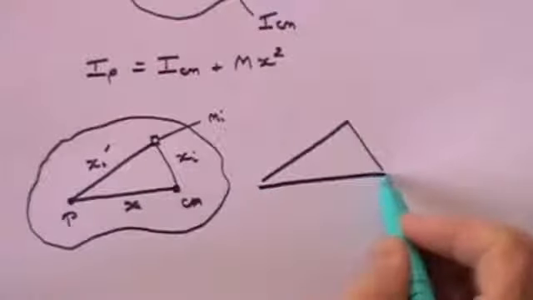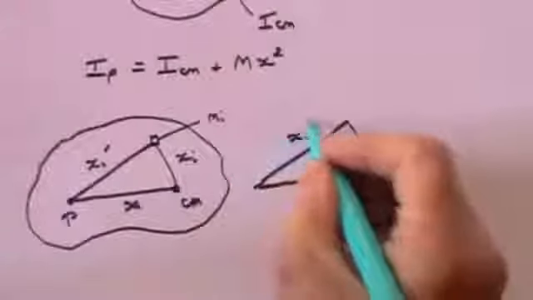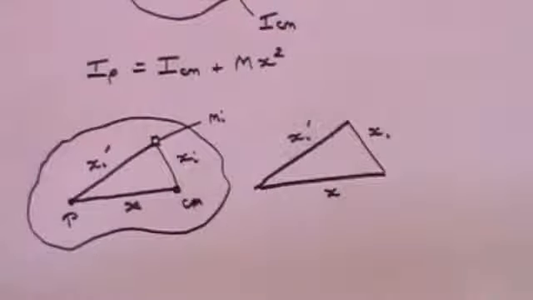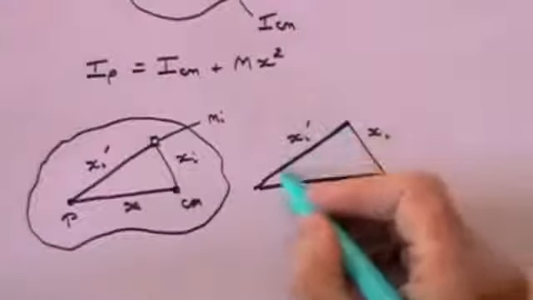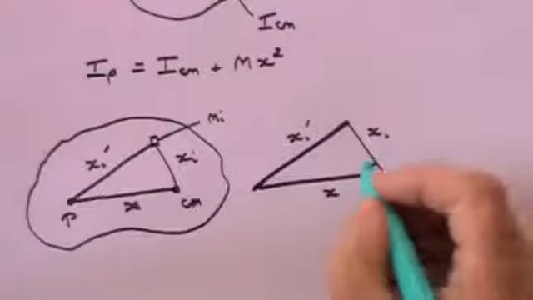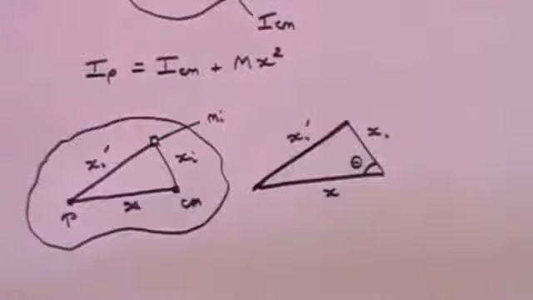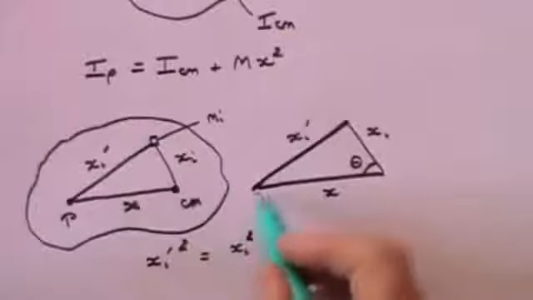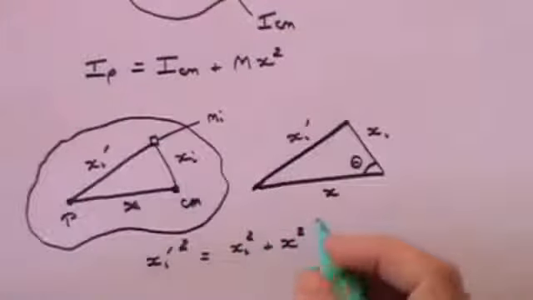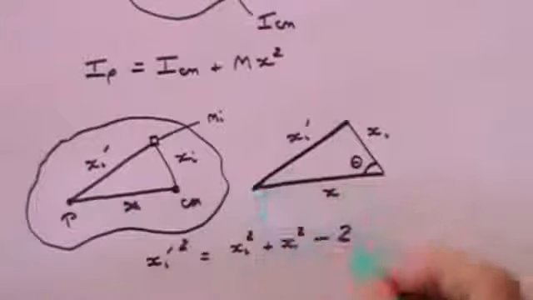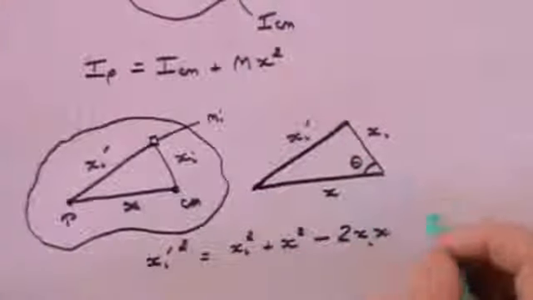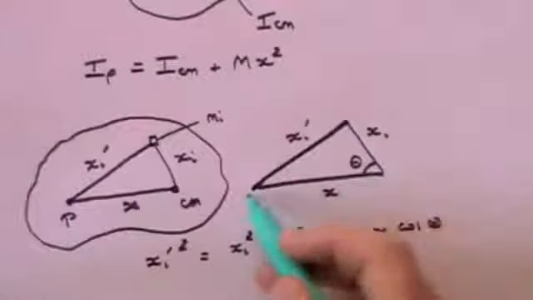If I reproduce this triangle here, where this side is xi prime, this side is xi, and this side is x, the cosine law says that, if this angle here is, let's call it theta, xi prime squared, this distance squared, is equal to this distance squared, xi squared, plus this distance squared, x squared, minus twice xi, that length, x, that length, times the cosine of the angle between those two sides.